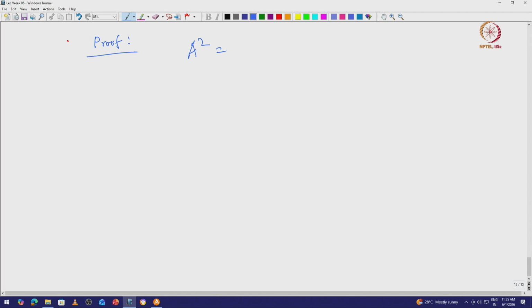So a square equal to u k u k. Here k is equal to k inverse, just a complex conjugation, and k square equal to identity. So this is nothing but u star and then u.